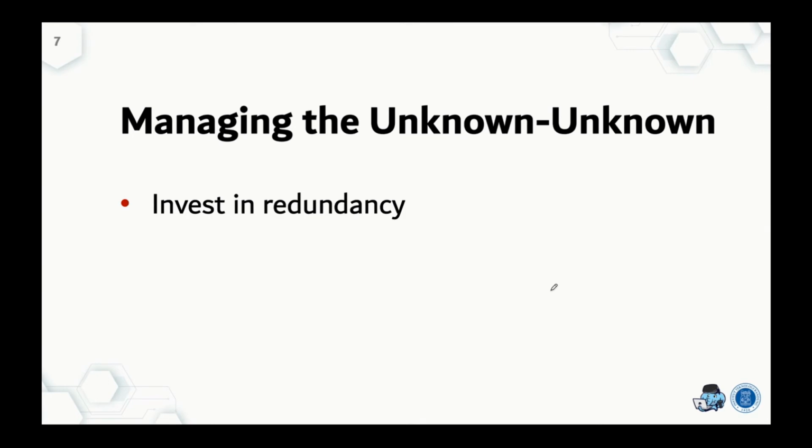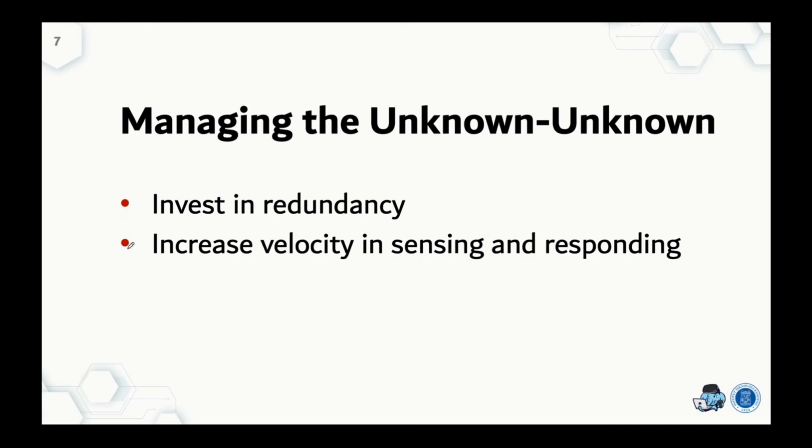The first one is that we can invest in redundancy. If we source material from one supplier in a specific country, we have to have a backup, a similar supplier in another country. So this is investing in redundancy. Next, increase the velocity of sensing and responding. This is our knowledge to predict what will happen in the near future, so we need the knowledge to respond to any kind of risk.